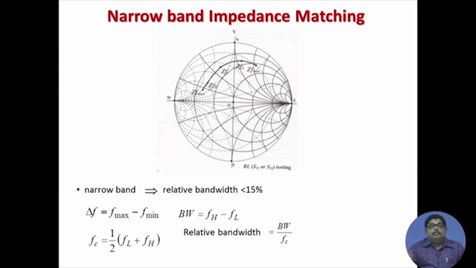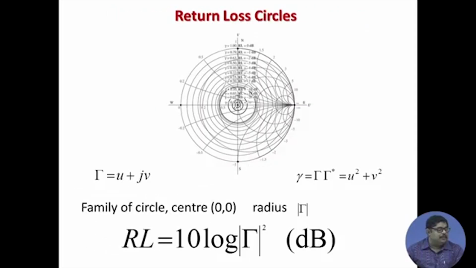At the end of this week's lecture, we will see wide band impedance matching design, where a much wider band of frequencies, that means much wider signals containing a much wider band of frequencies, can also be matched with that impedance matching network.